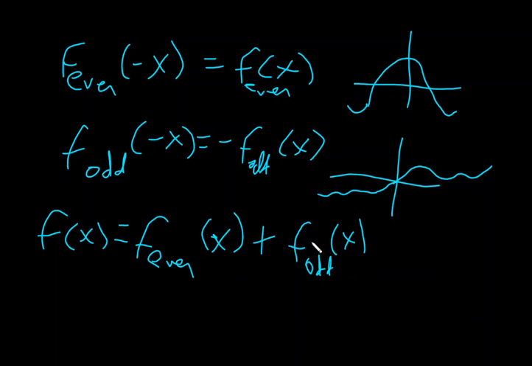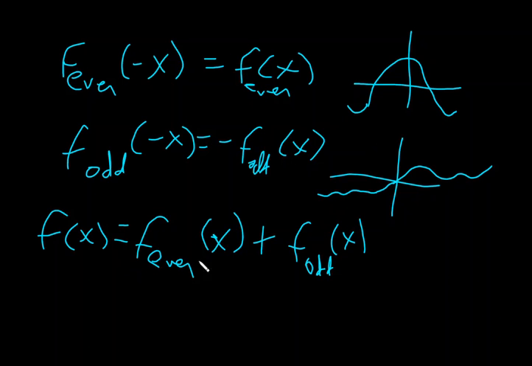I can always find an even function and an odd part. Now, if f of x is even, then there is no odd part, and if f of x is odd, there is no even part, right? But for any general f of x, there is an even part and an odd part unless f of x is even or odd. Because these are special properties, not every function will follow them.